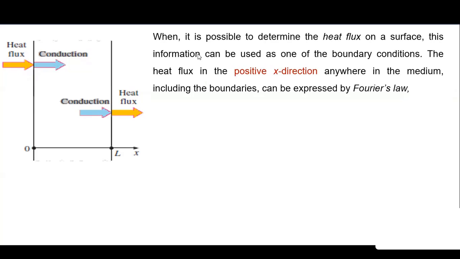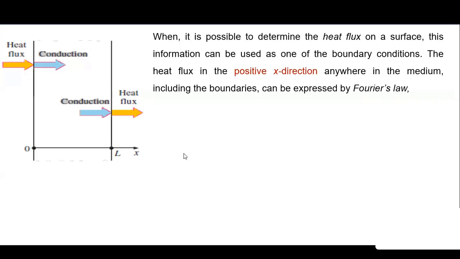So many times when it is possible to determine the heat flux on the heat surface, this information can be used as one of the boundary conditions. The heat flux in the positive x direction anywhere in the medium, including the boundary, can be expressed by using Fourier's law.